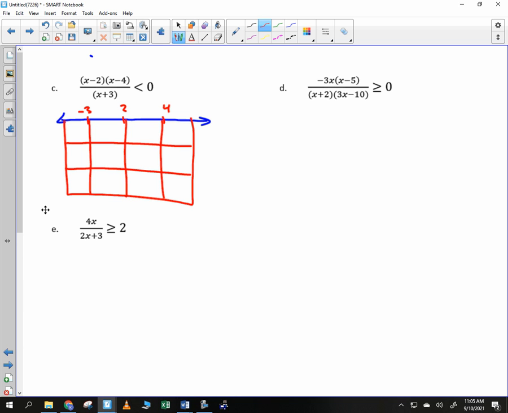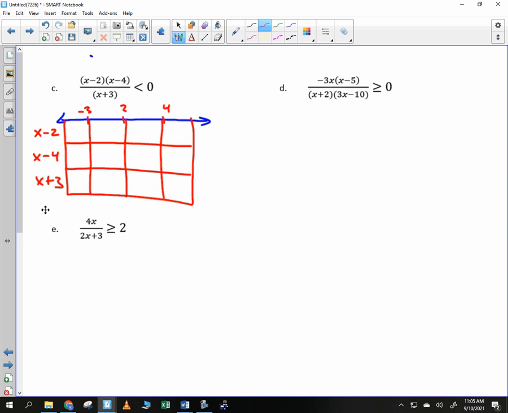We take our factors and we put them right on the side. And we begin to test.